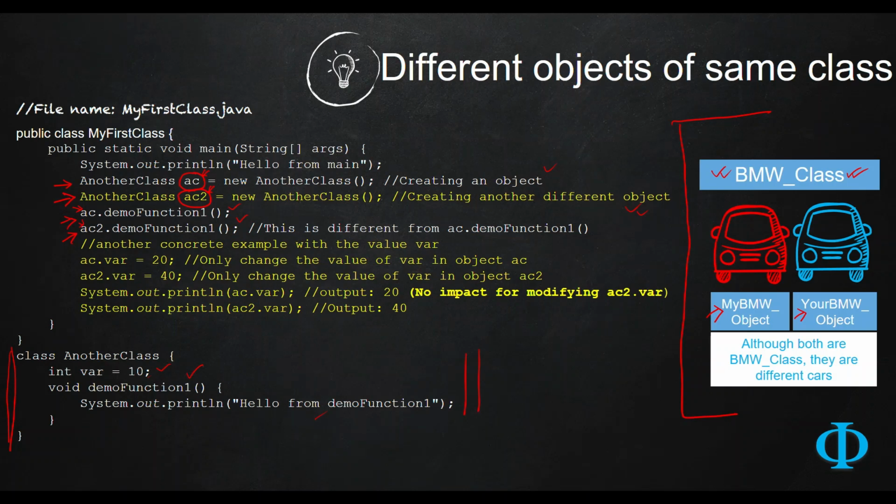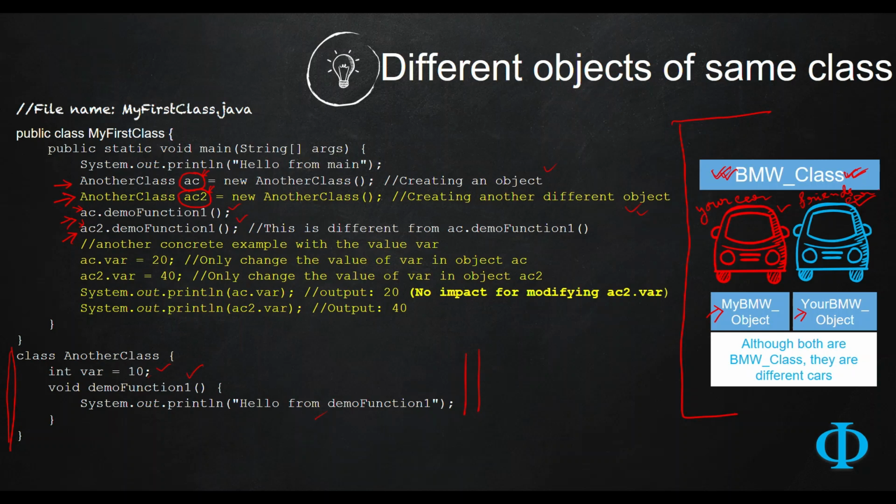Although both of them are derived from the same BMW class, they are different objects, right? This is your car, and this is entirely different. This is your friend's car.